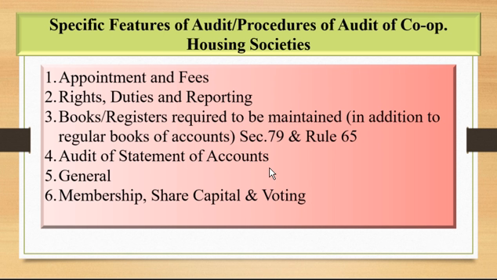Then the next feature is audit of statement of accounts. In that, the annual statement of accounts is to be prepared within 45 days of the close of the cooperative year. The balance sheet and profit and loss account have to be prepared in form N by all the societies. And the next point is general. In that, during the first audit, the registration certificate with the common seal has to be verified.